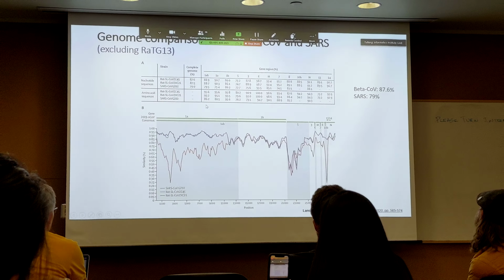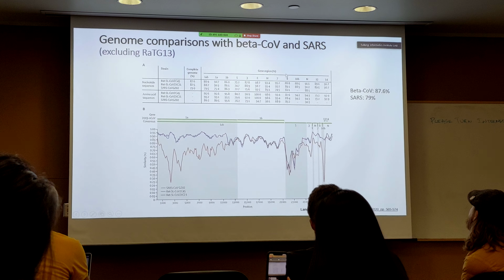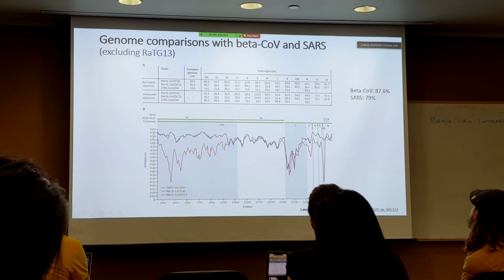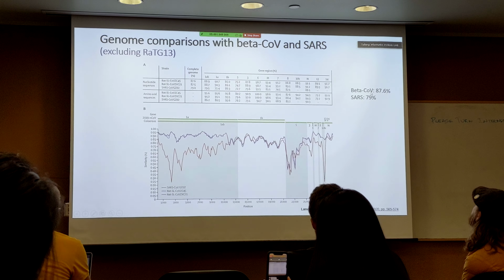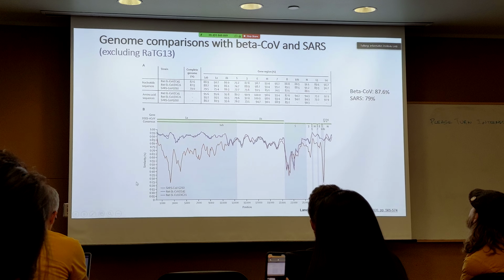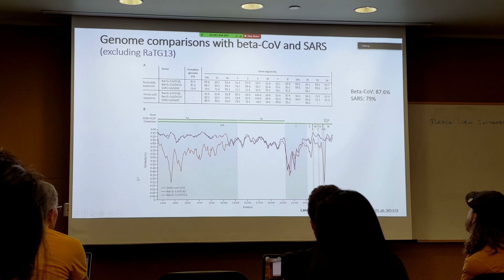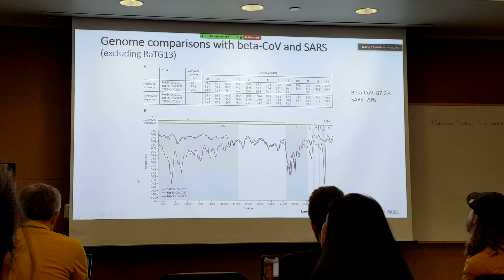But overall, the similarity of the SARS genome to this genome is about 79%, and the beta coronavirus is about 87%. Obviously, none of these three genomes being compared can be the real ancestor of this virus outbreak.